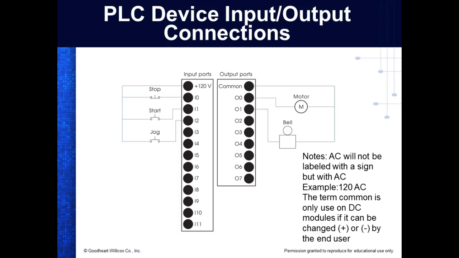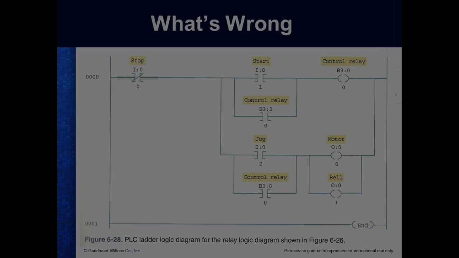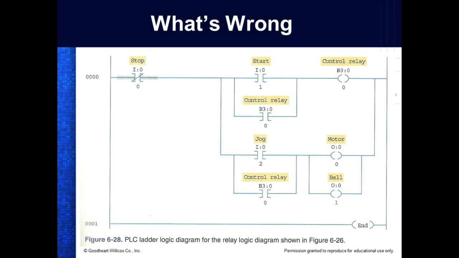Now, what does he have hooked up to input 0? He has a normally closed push button for stop. That's exactly what he needs to do. What's wrong?